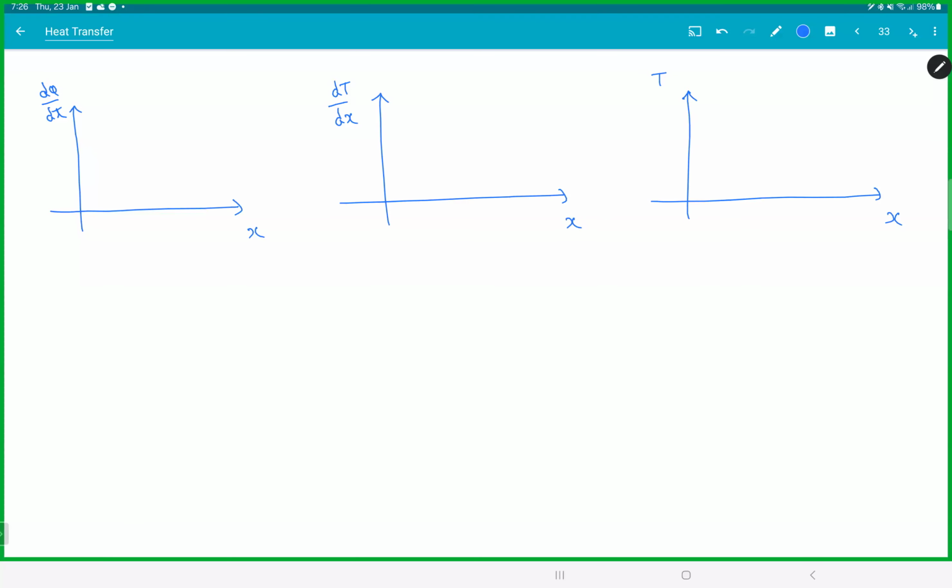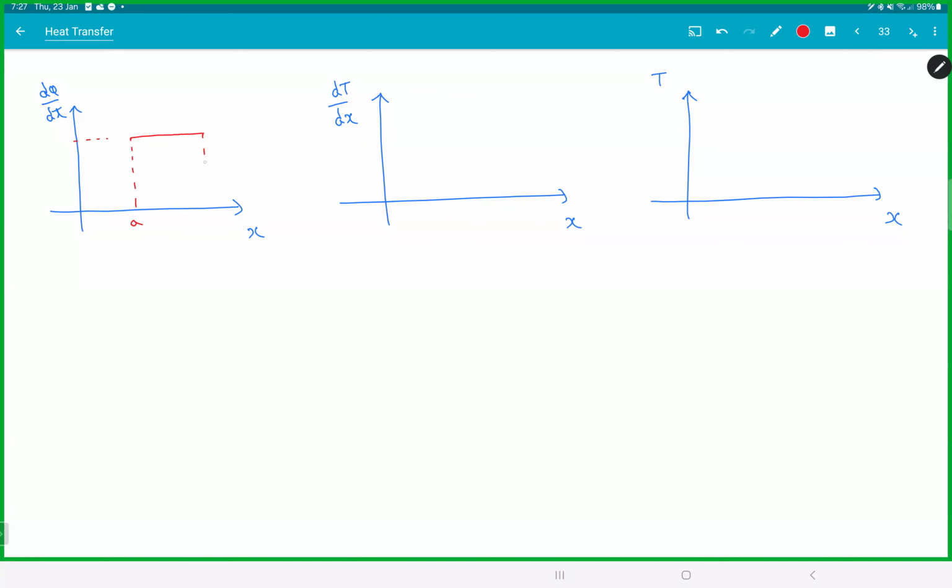How will the graphs look? How will dQ by dt look? What is dQ by dt? Heat flowing per second. As you go out, will the heat flow increase or decrease? Same, right? No matter how much you travel, the amount of heat flowing is constant.